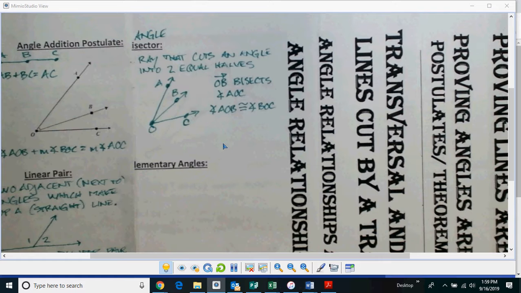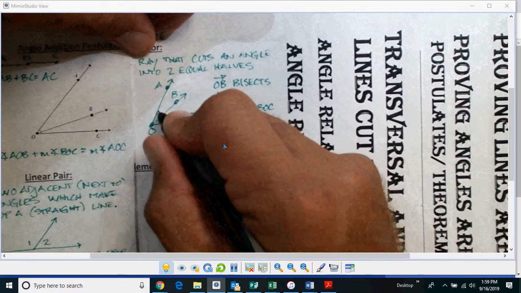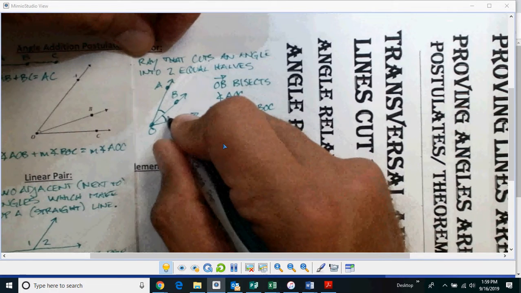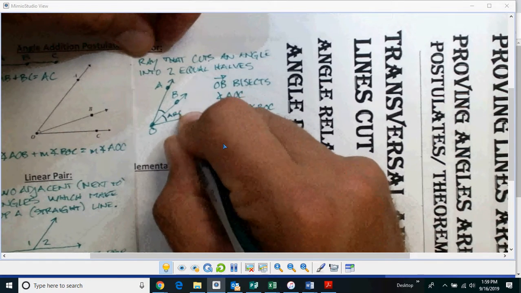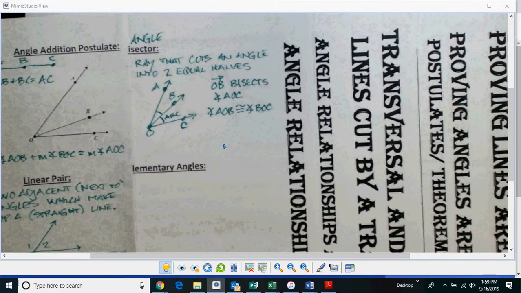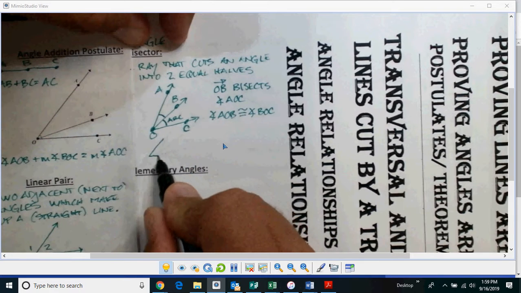Now, when we said that lines were congruent, we put a little hash on them, right? When we mark angles congruent, we put the same number of arcs in there. And we'll call that an arc. And that tells me that those two angles are congruent. All right, you may see this a couple of different ways.